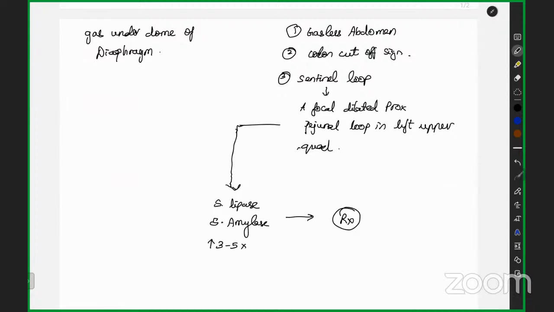Many will think that you should start with a CT scan. Tell me, should you take a CT scan now, in this case?